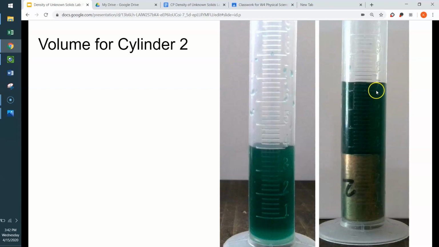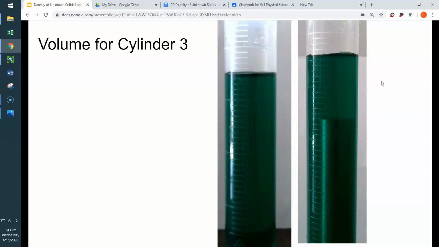So here is 7, and we're 2 more above that. And remember, each of the small dashes in this graduated cylinder read 0.2. Record those volumes now, and then do the subtraction to calculate the volume of the cylinder alone. Feel free to pause the video at any point so you can do your calculations.